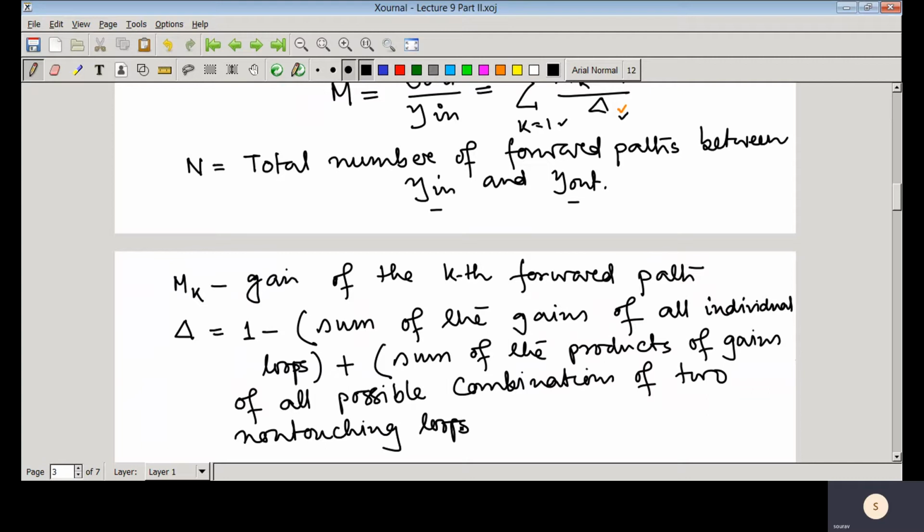Already we have seen the definition of non-touching loops. Then minus, you can see here the sign.